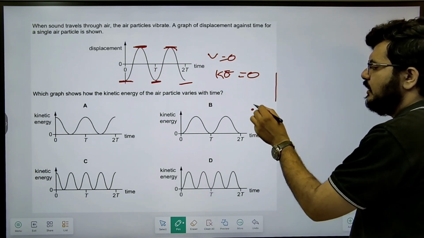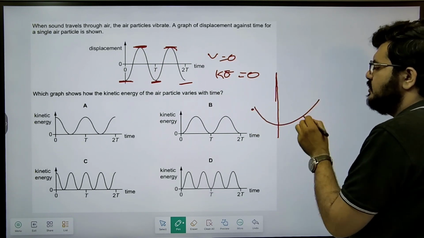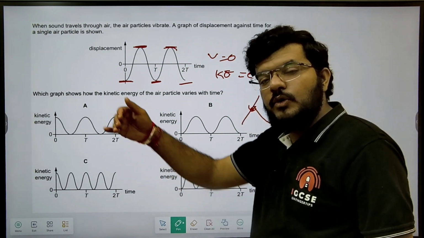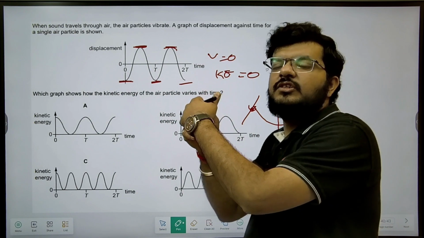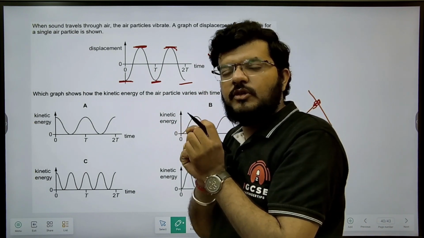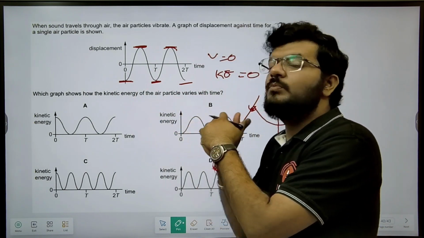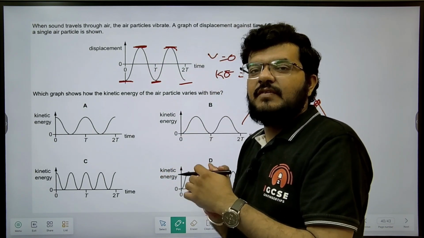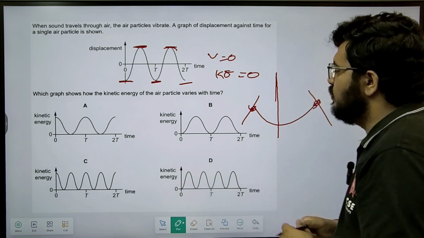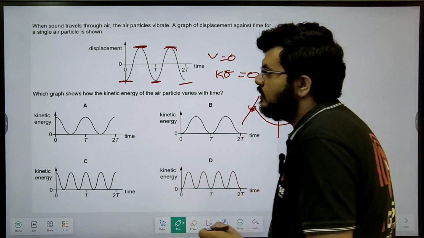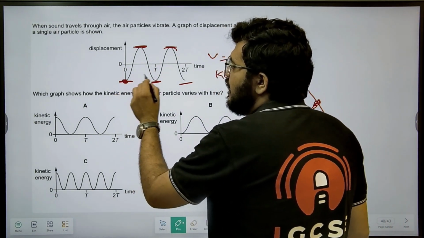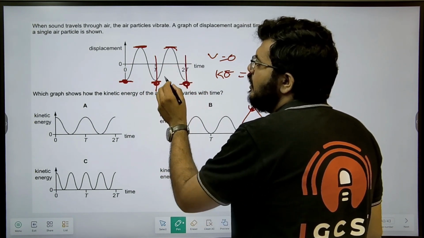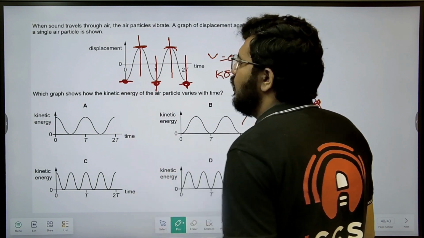Any pendulum, see, if you can't imagine a particle, just any pendulum at its extreme position is about to come back. So it stops for some time, for very small amount of time at its extreme position, and at that time velocity is zero. If I say velocity is equal to 0, then kinetic energy should also be 0. So kinetic energy 0 at the start, kinetic energy 0 at t is equal to 0, kinetic energy 0 at 2t, and non-zero between all of these times.